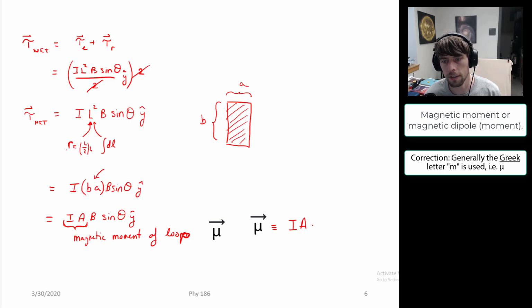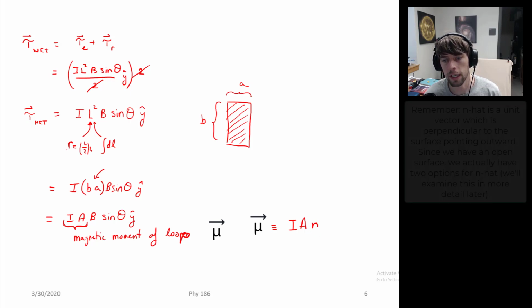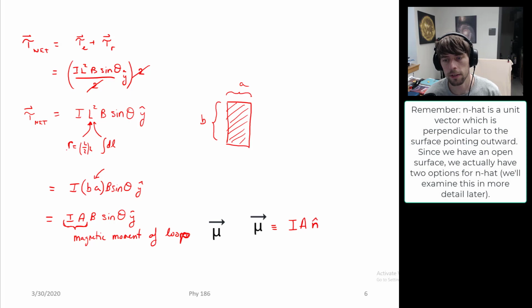And because I want to make it a vector, I'll call it n hat. What I mean by that is if I take the area of the loop, n hat is that unit vector perpendicular to the surface. Okay. Good so far?